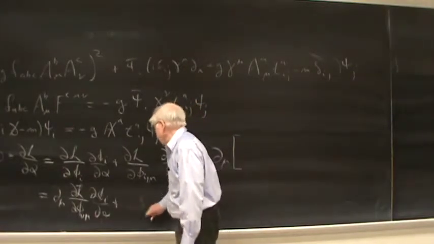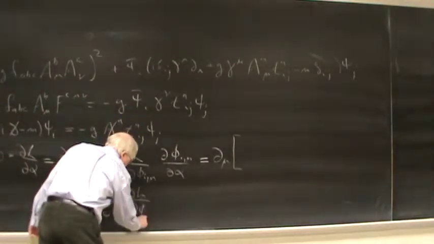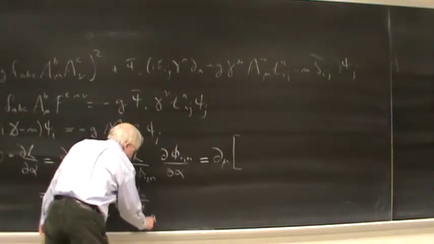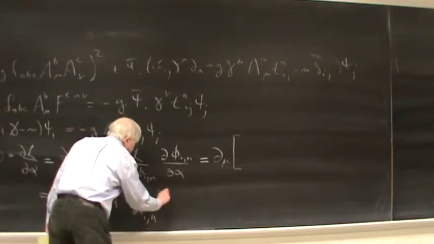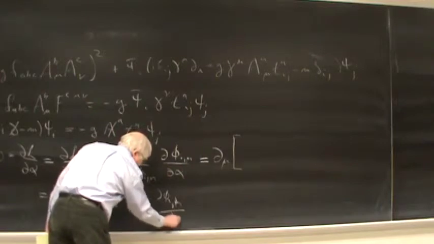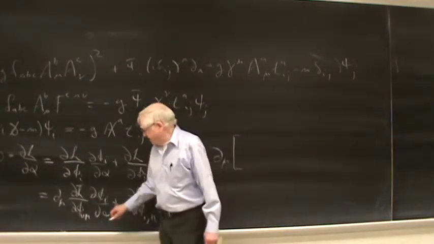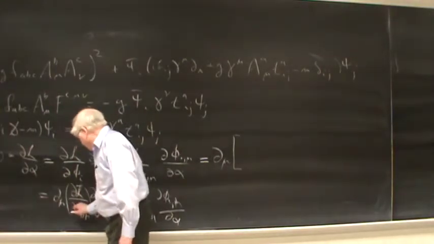well, I should have written this down again. So partial L, partial phi I comma mu, partial phi I comma mu, partial alpha. And you notice that this is a derivative of the first term.